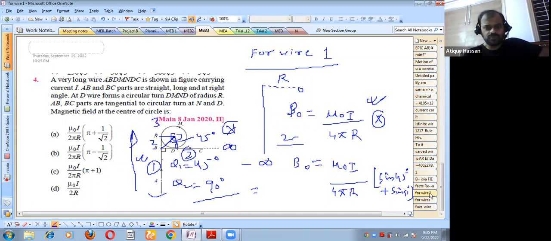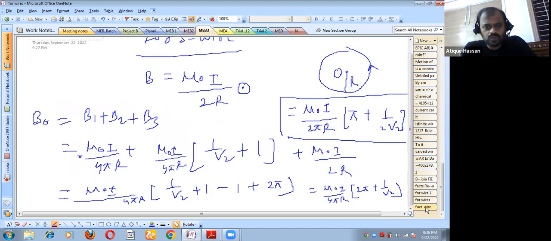And the third one we have got is mu naught I by 2r, where r is the radius. So we have got 1 by root 2 plus 1 minus 1, and 2 pi. Mu naught I by 2 pi r.